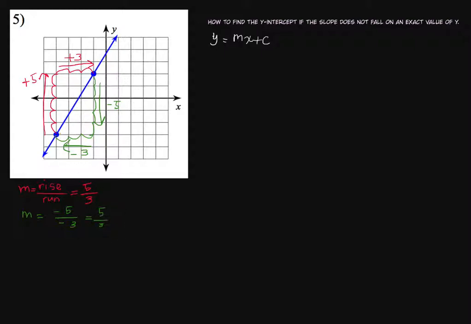Now, you might want to try using the slope formula. Oh, it's too dark, okay? So, m is equal to y2 minus y1 over x2 minus x1, okay? So let's figure out what this coordinate point is. This coordinate point is negative 1 and 2.